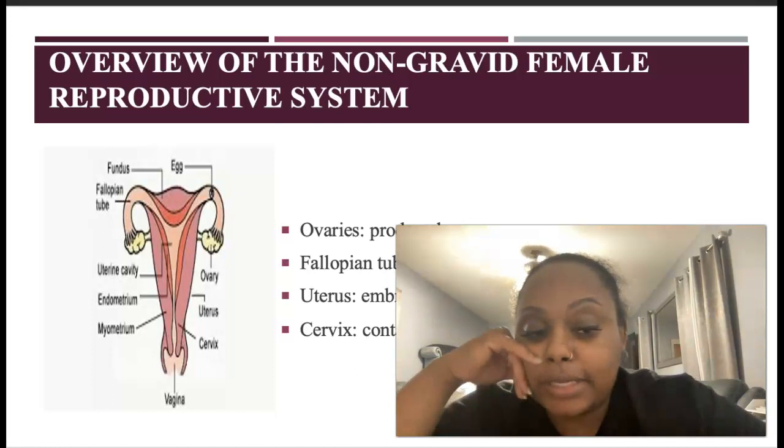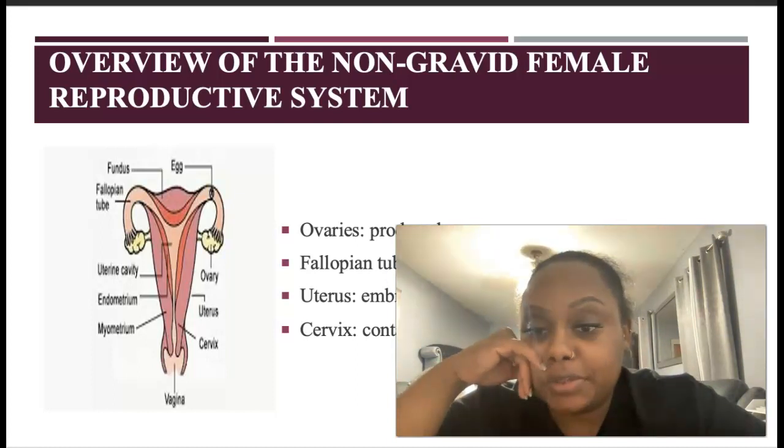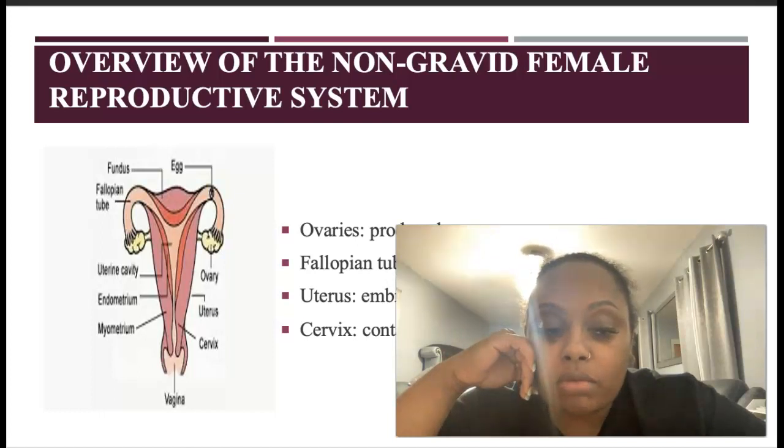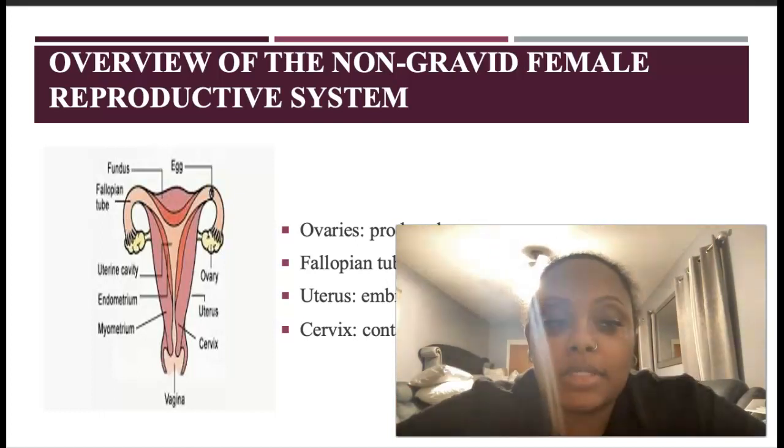Your vulva is the collective name for all your external genitals. The internal parts are the vagina, the cervix, the uterus, ovaries, and the fallopian tubes.